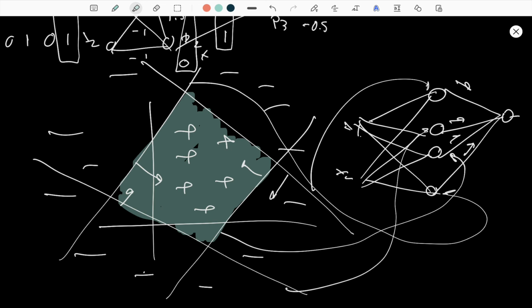So you can find the weight using the linear equation. But in general cases, you need to train it. You need to automatically update the weights. How can we train this multi-layer perceptron? I'll show you in the next video clip.